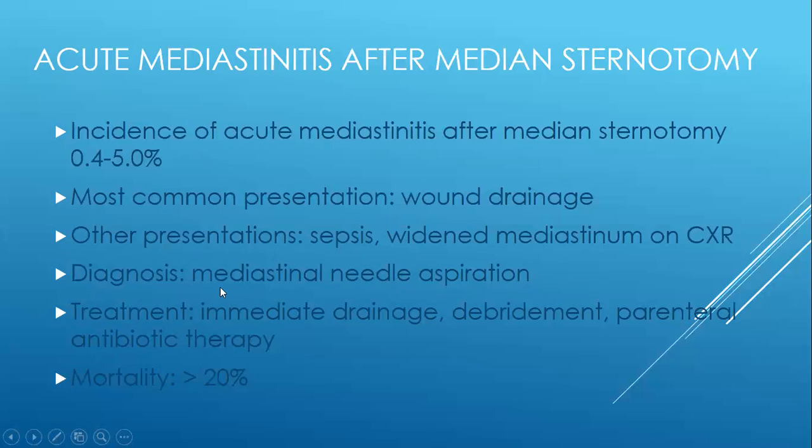So to diagnose, we need to do needle aspiration of that fluid in the mediastinum and send the fluid for tissue culture. And we need to treat the patient immediately by opening again that sternotomy.